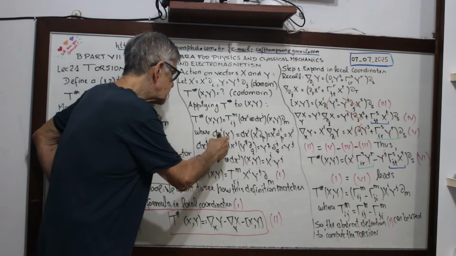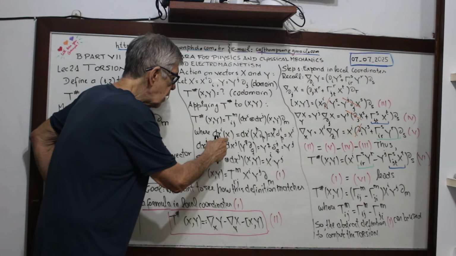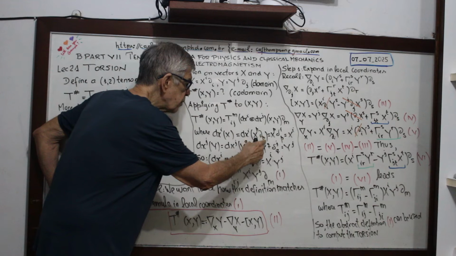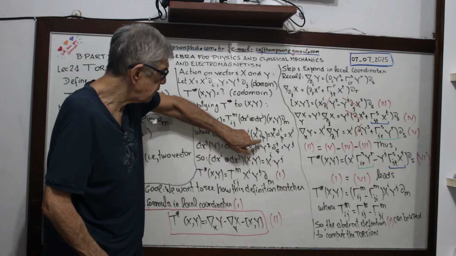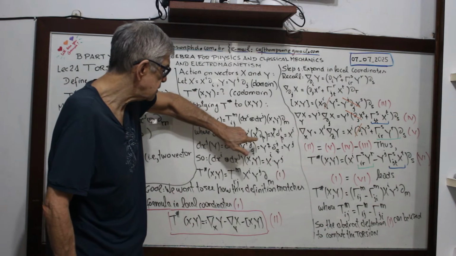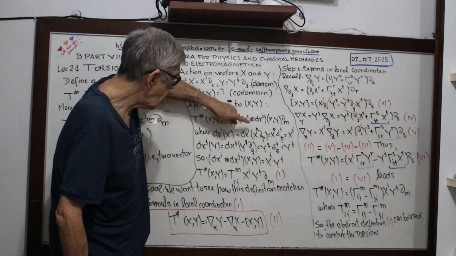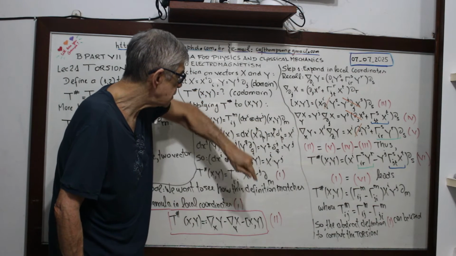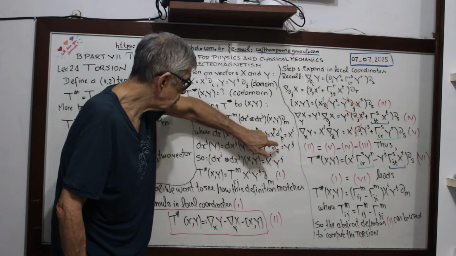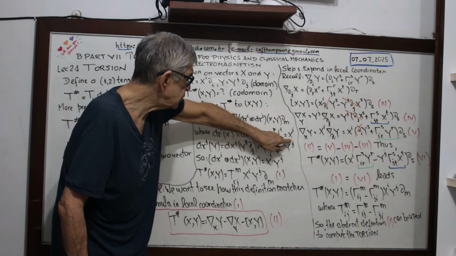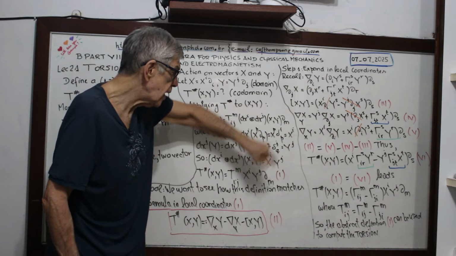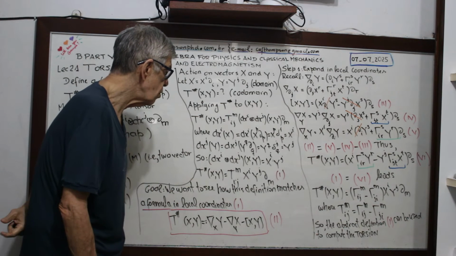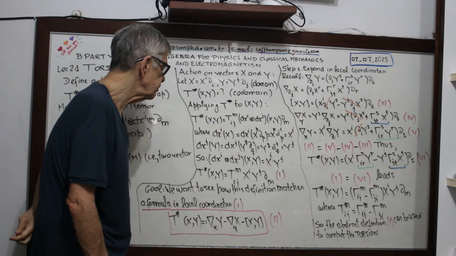So dx^i applied to X, with X = X^p ∂/∂x^p, is equal to the Kronecker delta δ^i_p, which acts on p and leads to X^i. X^i are the contravariant components of the vector X.